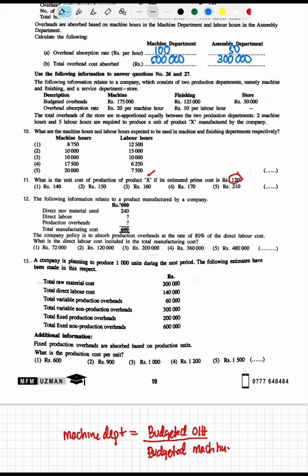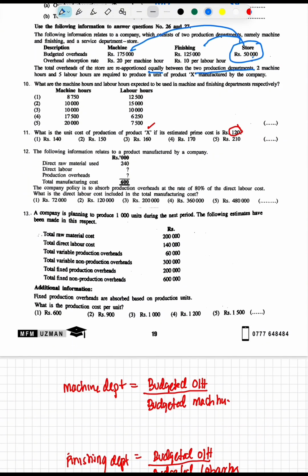So let's see the information that they had given here. They have given the budgeted overhead of machine, finishing and store. So you all know if the stores department has any overhead, the reapportionment is still not done, the secondary distribution is not completed. The total overhead of the stores is reapportioned equally between two production departments. So let's first divide this 50,000, which will add 25,000 each.